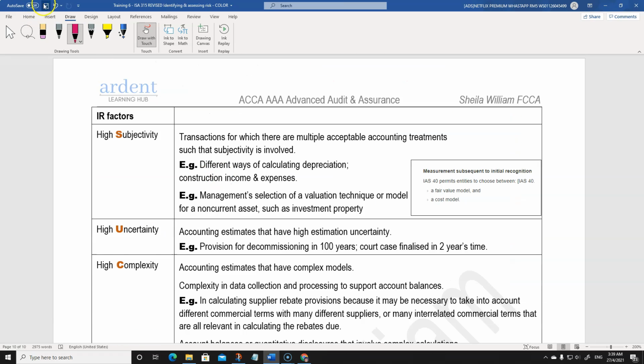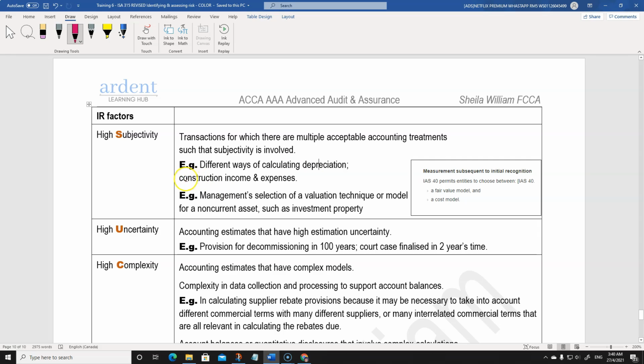So here's some explanation on SUCCS. On the area of high subjectivity, example, transactions where there are multiple acceptable accounting treatments. Like in the area of depreciation, you can calculate depreciation on a straight line basis, on a reducing balance basis. You can have a life of 10 years, a life of 9 years. So there's some subjectivity involved inside there.